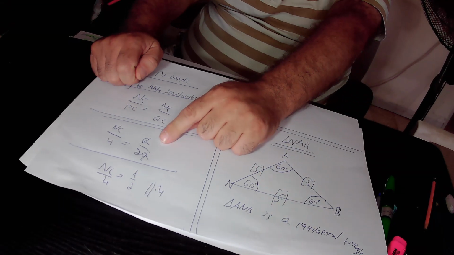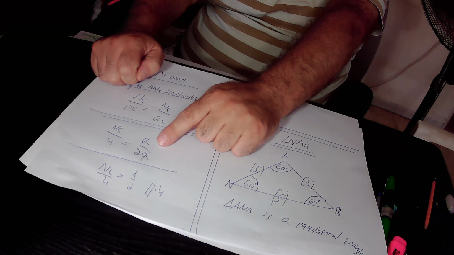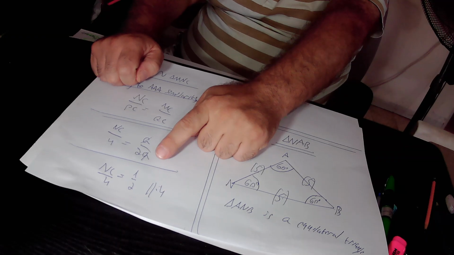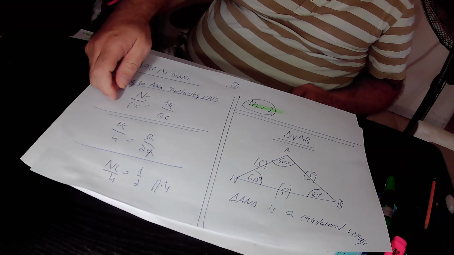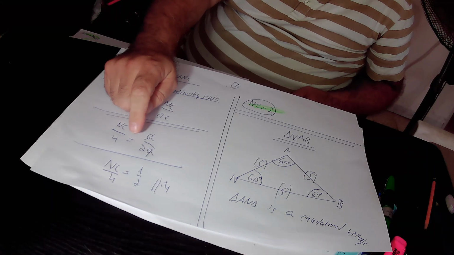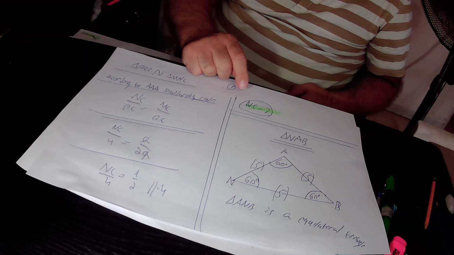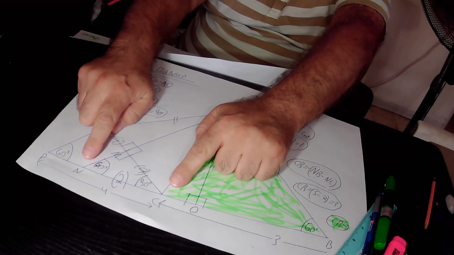Here we have A in the numerator and A in the denominator, so A gets cancelled. And on this side of the equation we are left only with 1 half. So NC over 4 equals 1 half. Here we multiply this equation by 4 and finally find out that NC equals 4 over 2, that is 2. So this is the missing side NC, which equals 2 units in length.